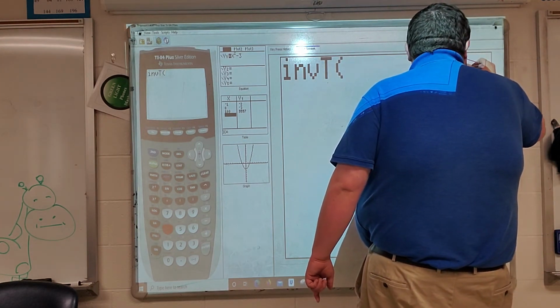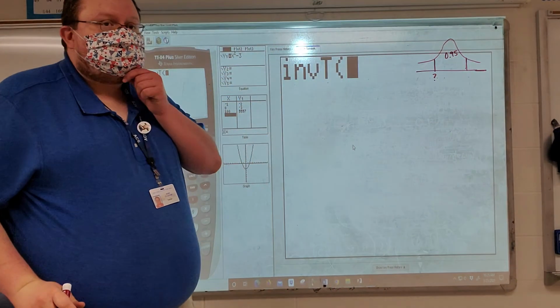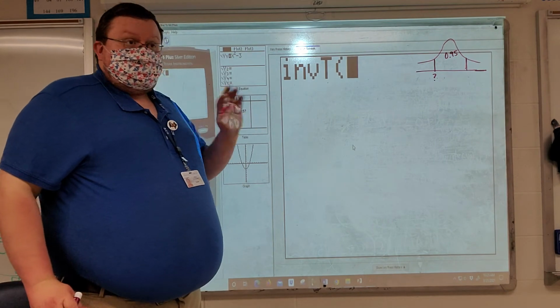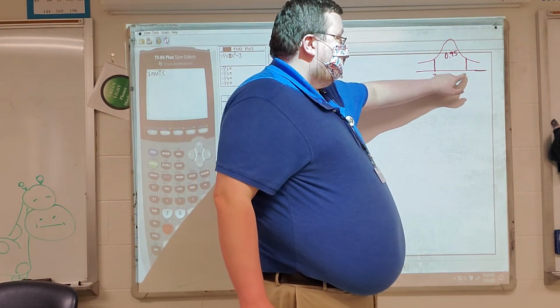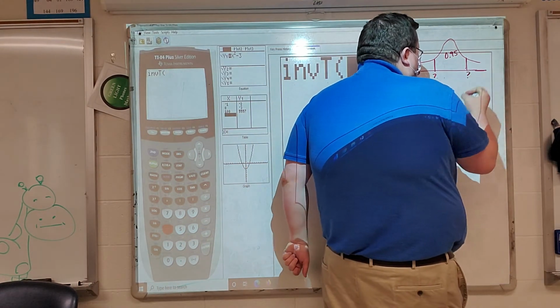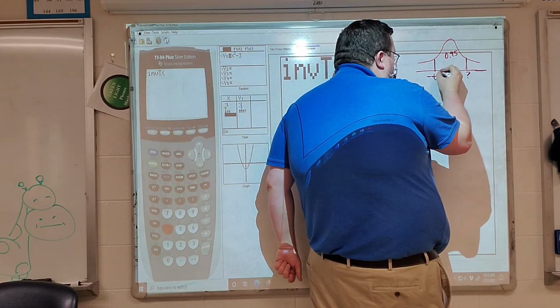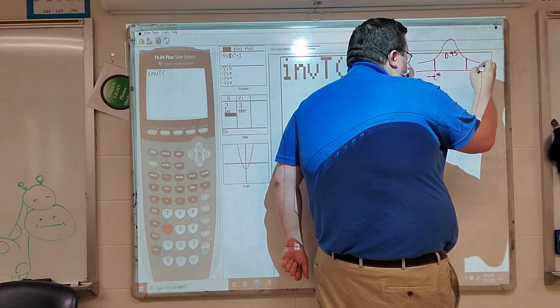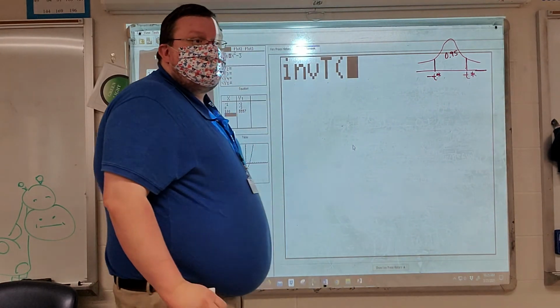So we need to find it the same way. We're looking for the t value the same way we did before. Just like we did with z, this will be negative t star and this will be positive t star. We'll take the positive t star again.